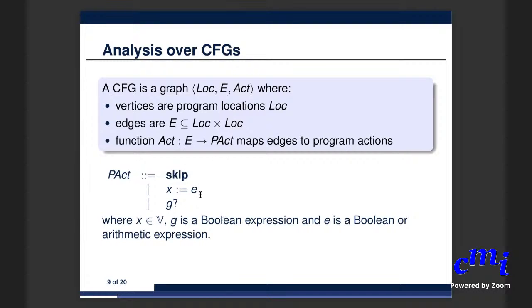E is any expression in the language constructed out of some operators, and G is a Boolean expression defined in the language.